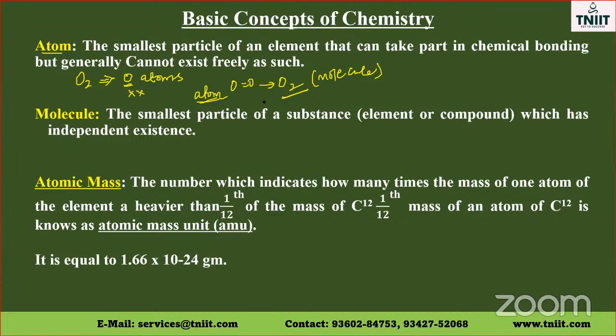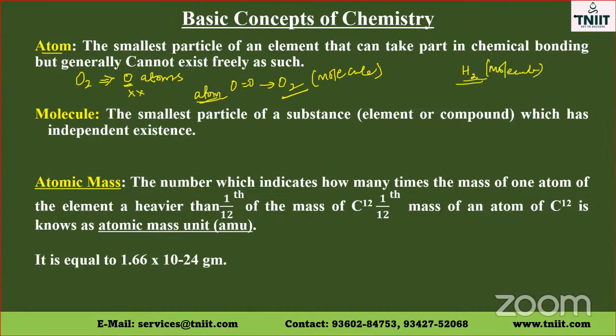We learned what is an element, what is a molecule, what is a compound, all that we learned in previous classes. So atom is the smallest particle of an element which involves in chemical bonding, but generally they cannot exist freely. I just give you an example. Similarly, if you take hydrogen molecule, H2 is a molecule.